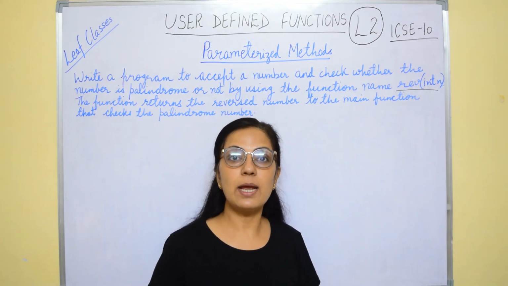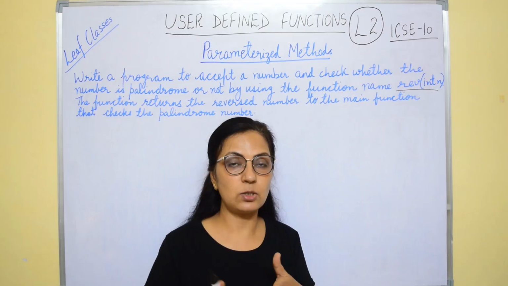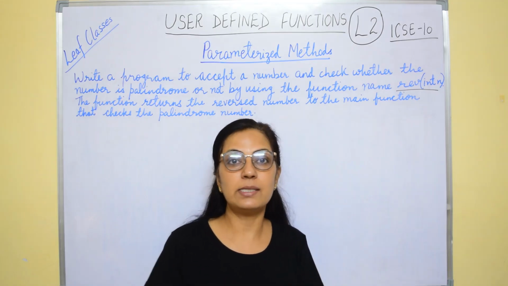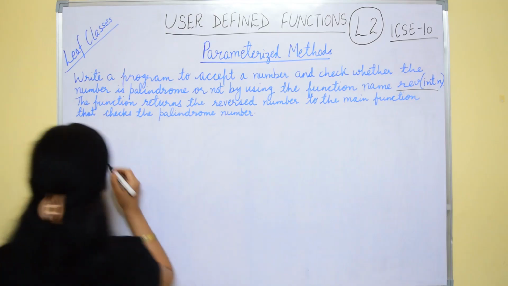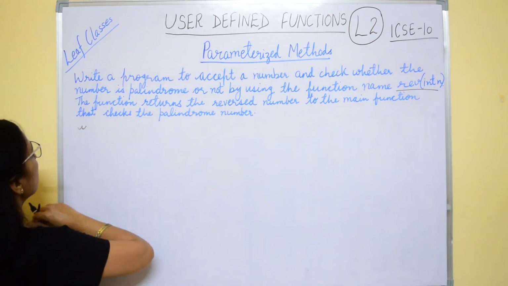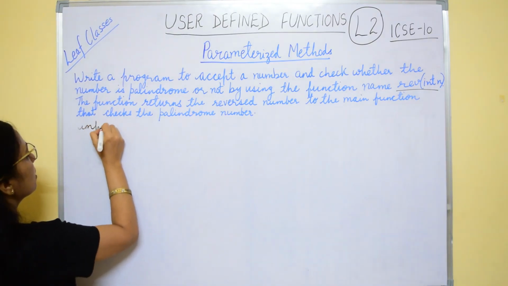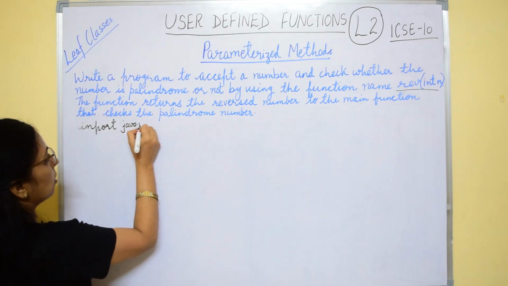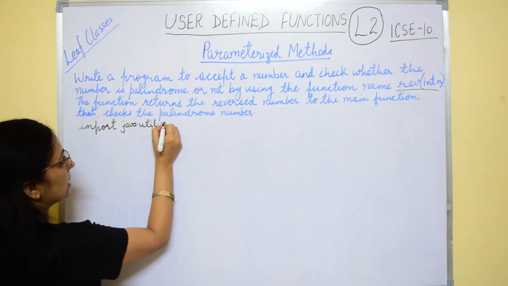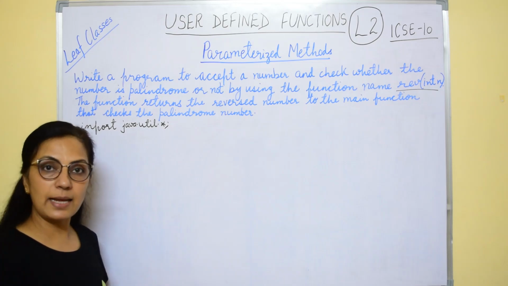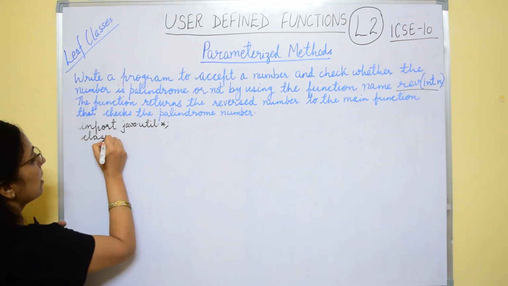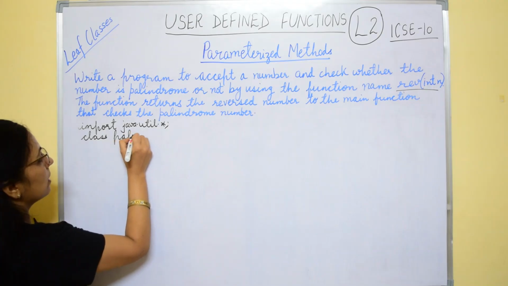In the previous question I told you that in the next question we'll be doing first the main and then the user defined function. So let's start the program. We begin with the import statement, import java.util.*, because I will be using the scanner class. Now the class, any name you can use.